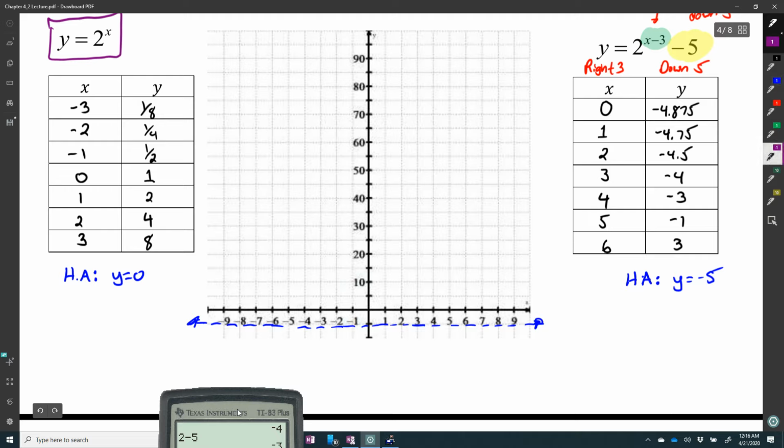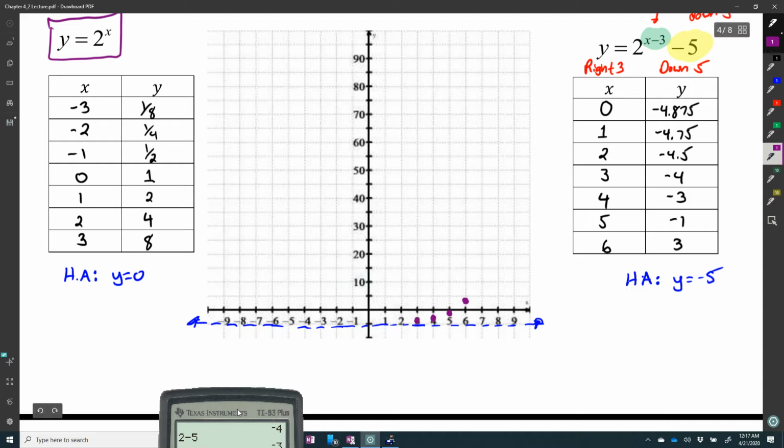And then I have 6, 3, 5, negative 1. 4, negative 3. And notice we're already pretty much at the axis. 3, negative 4.